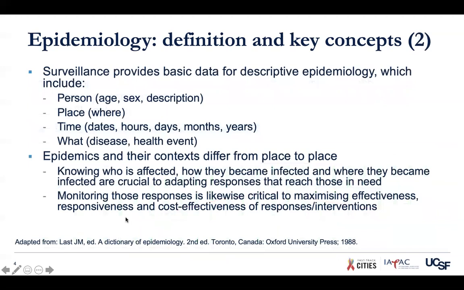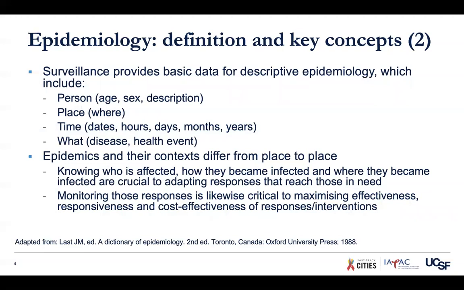Surveillance tries to provide basic data for descriptive epidemiology. Now, by descriptive epidemiology, I mean looking at single variables. So the number of cases over time, the number of people with a certain condition over time, those kinds of things. How many cases were there in a certain city?